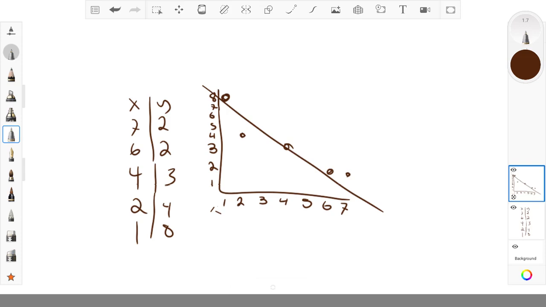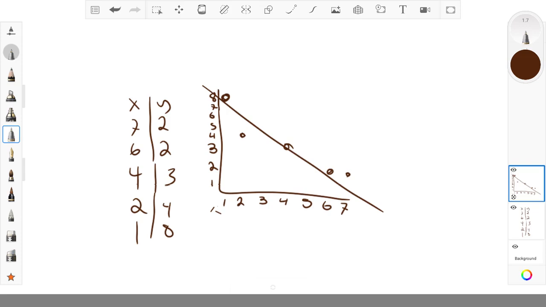Whenever we estimate our Pearson, we're looking at how steep our line is when we draw it through our scatter plot, and which direction it's going in. Now, for this graph, we see it is a very steep line. So the Pearson is most likely high, like a 0.8, 0.9.